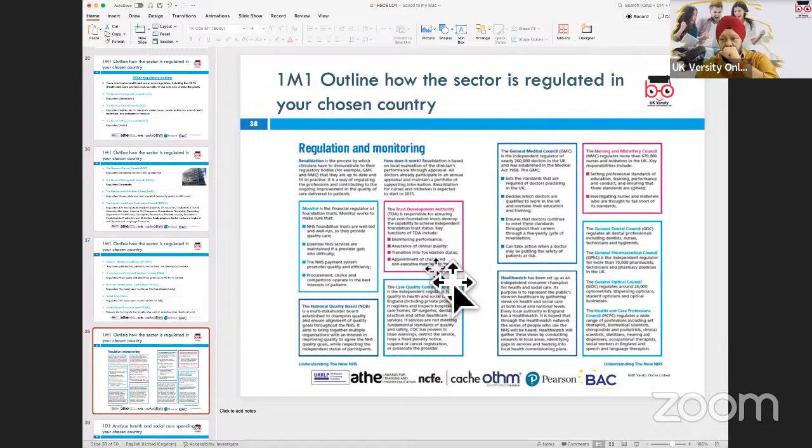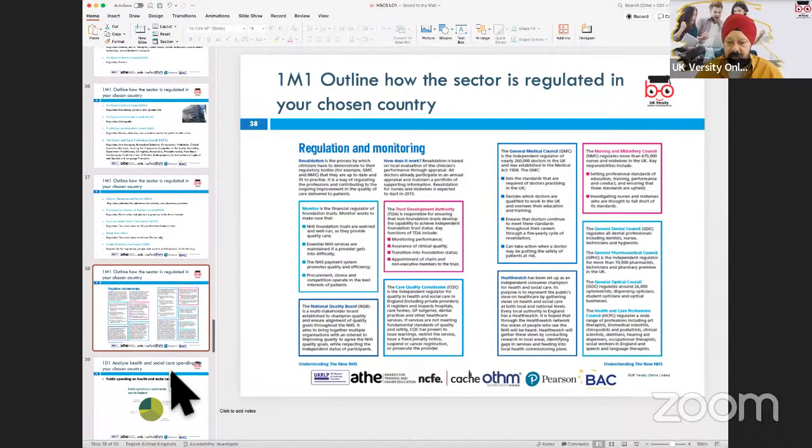So I provided a brief outline of the main important regulators. CQC is one of them, GMC, NMC, the Nursing and Midwifery Council, and they are the ones that I would suggest you need to be aware of.